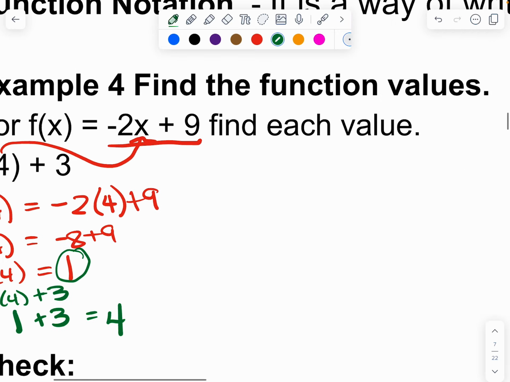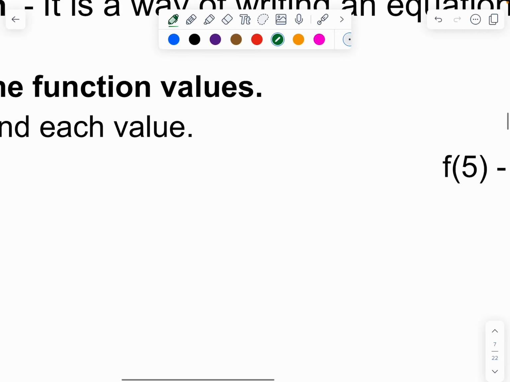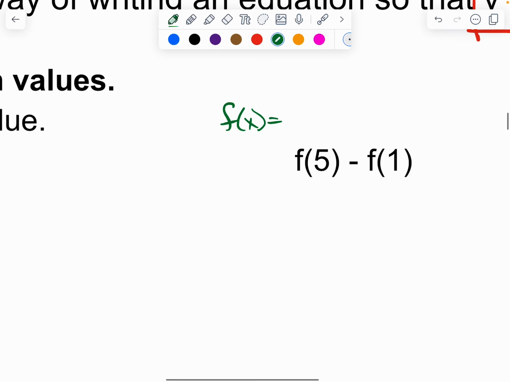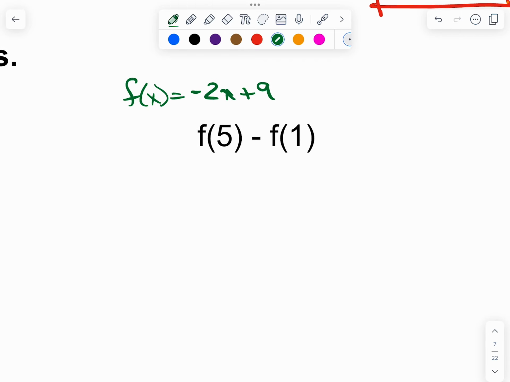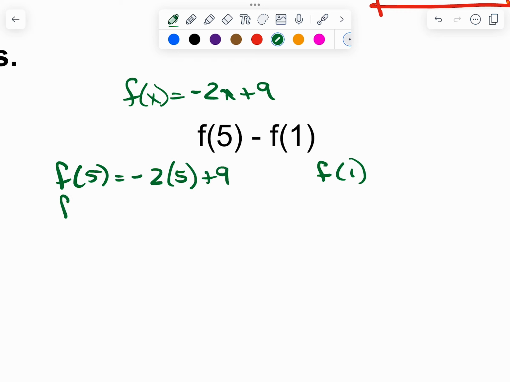So coming over here. Okay, so I have to write f of x equals negative 2x plus 9. Is that right? Yeah. Okay. So what I'm going to do is f of 5 here and f of 1 here. You don't have to do it this way, but for the first two, I'm going to do it this way just so that it's easier for you to see.